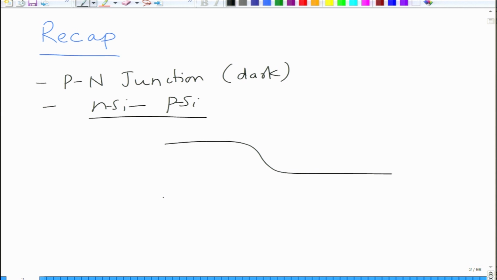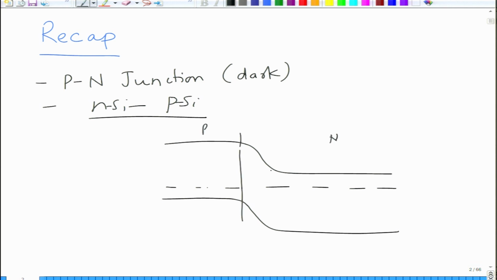However, because you have formed the junction, the junction shows a region which is called the depletion region at the interface. So, this is for example the p and n, and this region at the interface is the depletion region, in which there are no free electrons, there are no holes or electrons. Basically what you have at the interface, if this is the n side, you are going to have donor atoms here, positively charged, and on this side you are going to have acceptor atoms.